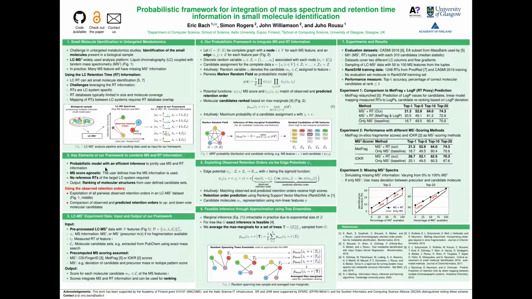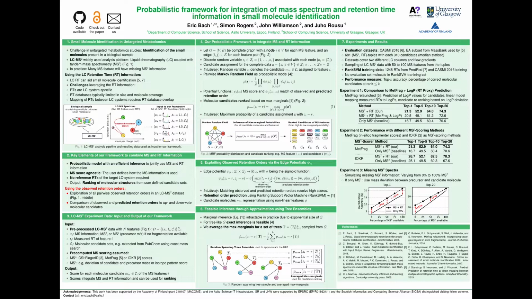We do not require you to have any reference retention times for the target LC system available. And the output of our framework is a ranking of molecular structures in what we call molecular candidate sets. That means you have for each MS feature a set of potential molecular structures that could be the identification, for example, based on exact mass search.